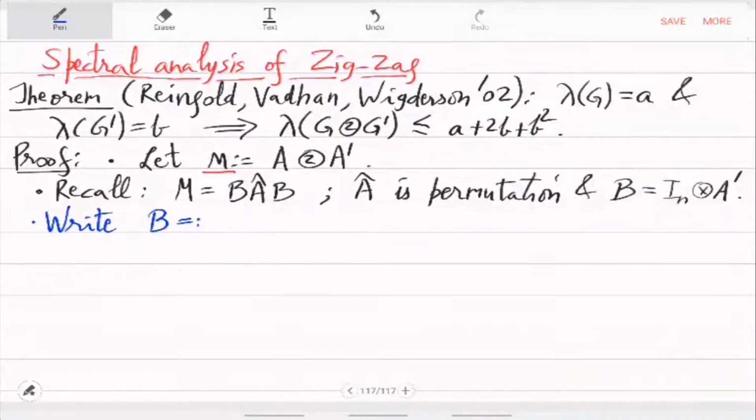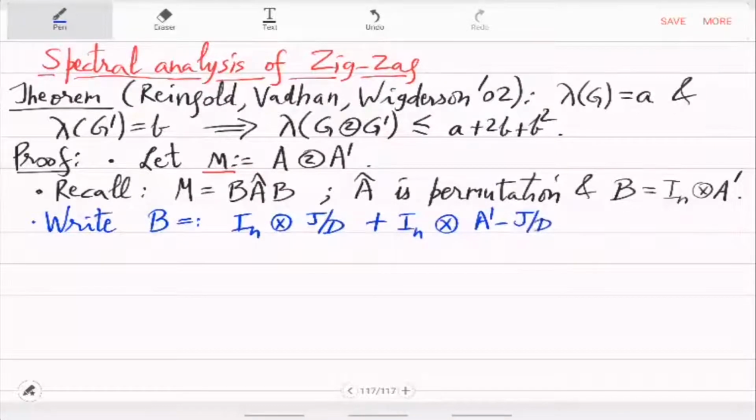You first break up A prime by this all one matrix J. So J by D we take out, and what remains is A prime minus J by D, where J is the all one matrix.